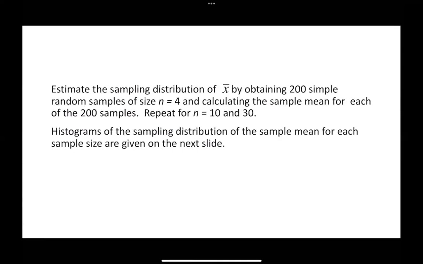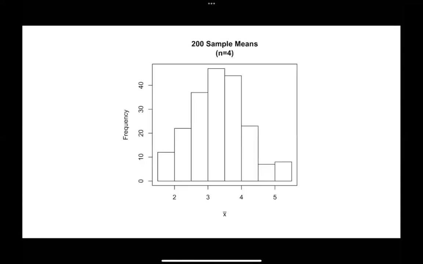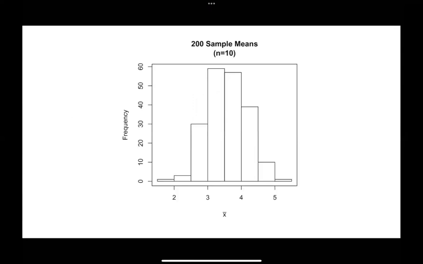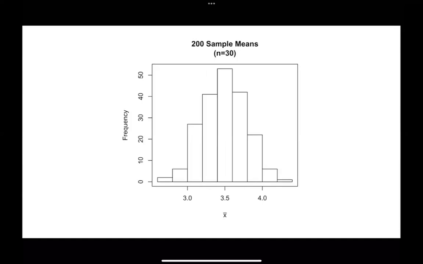I'm going to show you the histograms and what happens as our sample sizes get bigger. So this is with 4. It's more normal than the other one. It looks like it might be slightly skewed right, but it is definitely more normal. Take a look at 10. This is pretty normal. Take a look at 30. This is like a perfect normal distribution.